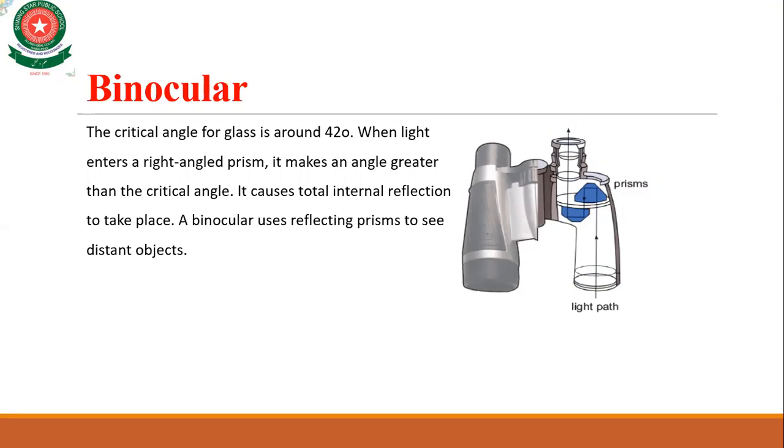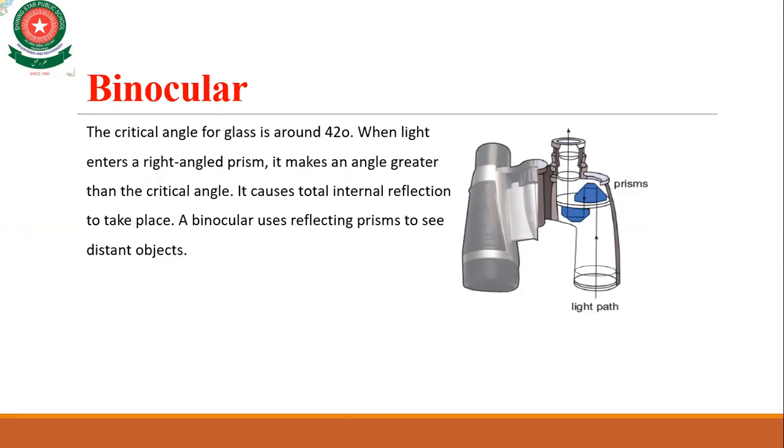So the basic point is that the critical angle for glass is 42 degrees. Whenever light enters a right angle prism, it makes an angle greater than the critical angle. That causes total internal reflection, due to which we can see things which are far from us.